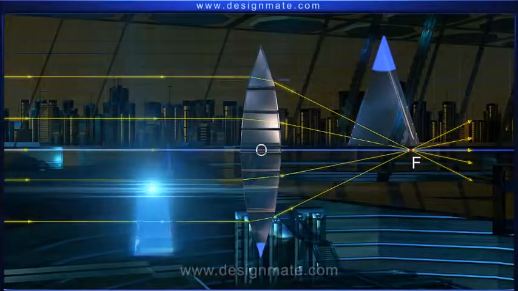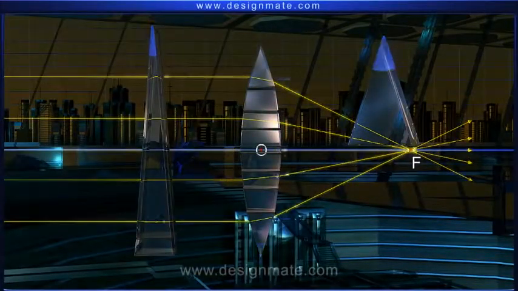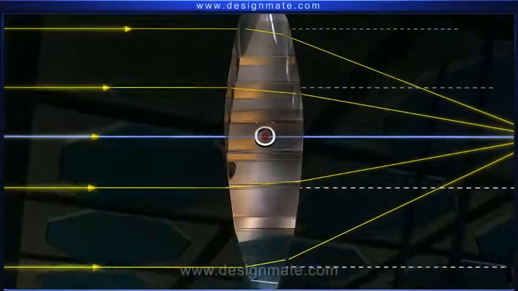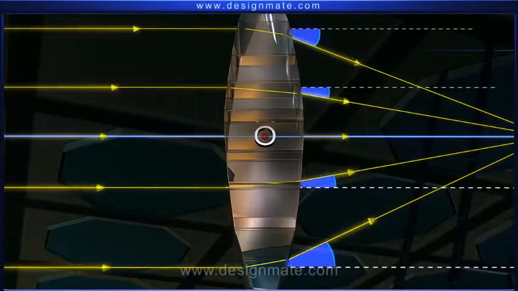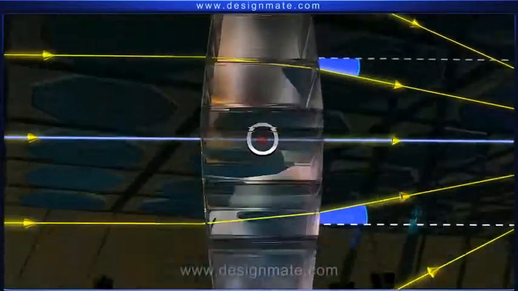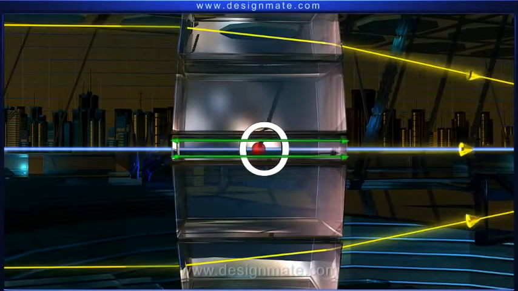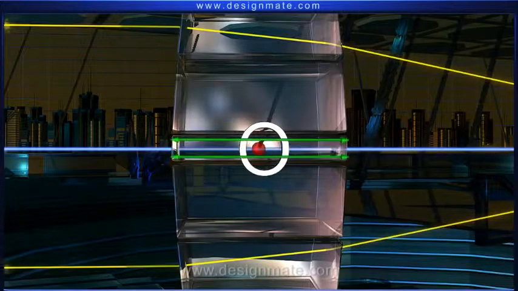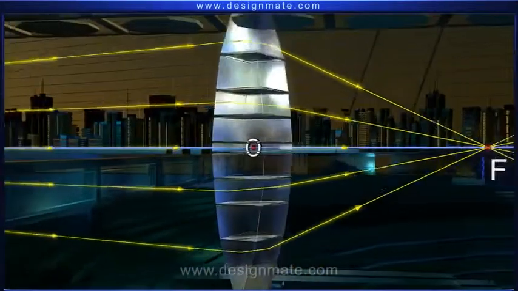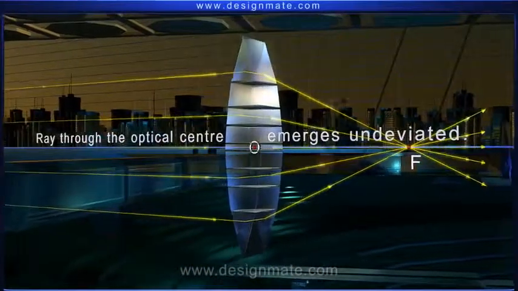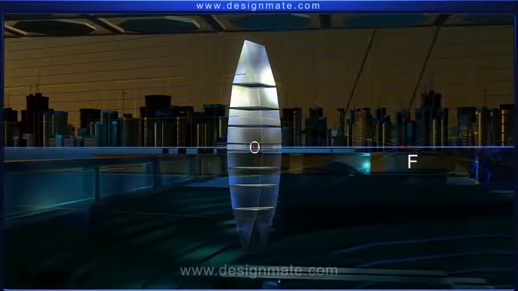As we move towards the principal axis, this angle reduces. This causes a corresponding decrease in bending of the rays. At the center, no bending occurs for the glass faces are parallel. The ray through the optical center emerges undeviated along its original direction.